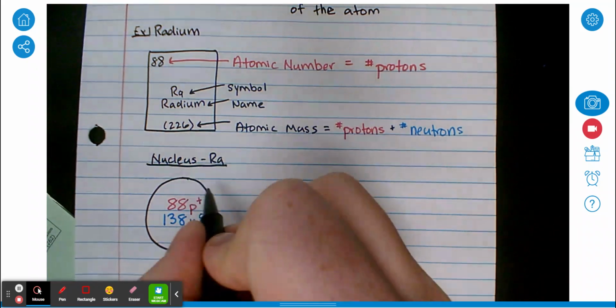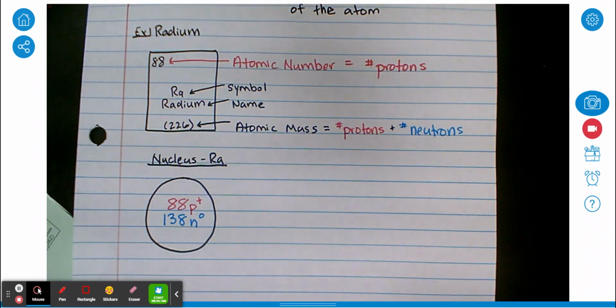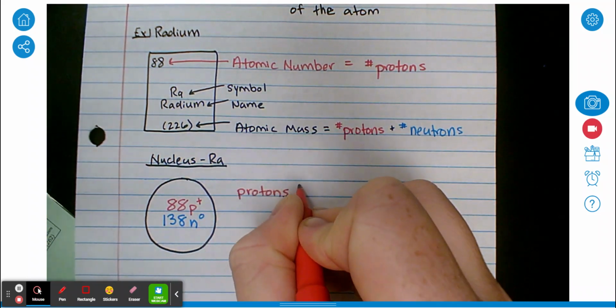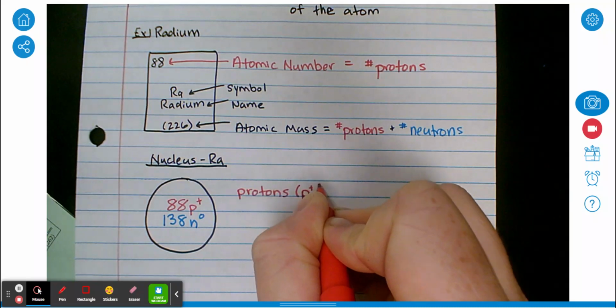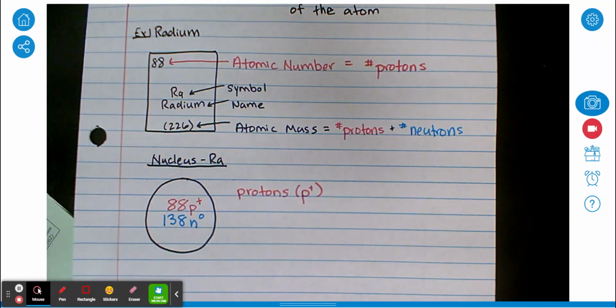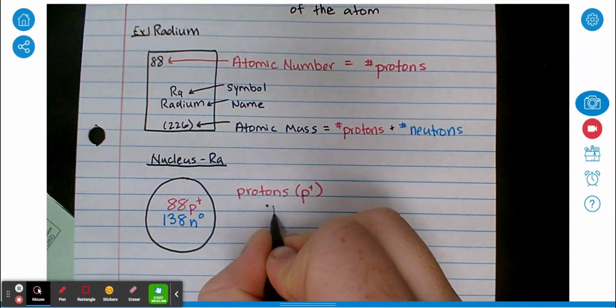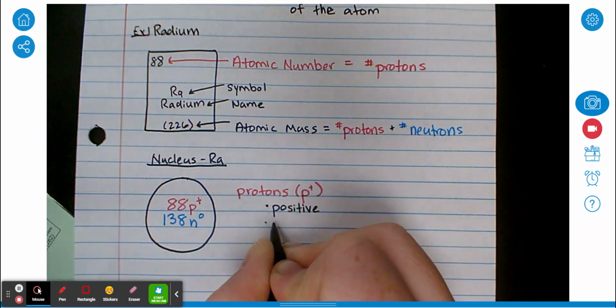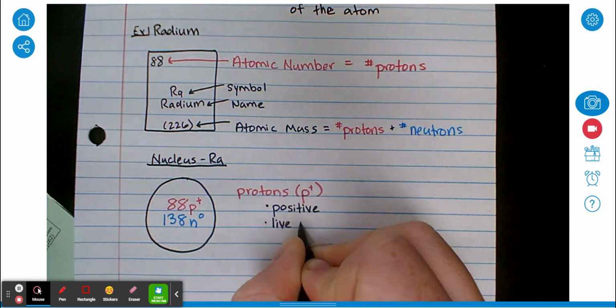A little bit more about these particles. So protons. If you guys remember, protons were abbreviated as P plus. That little plus sign means that protons are positive. All protons live in the nucleus.